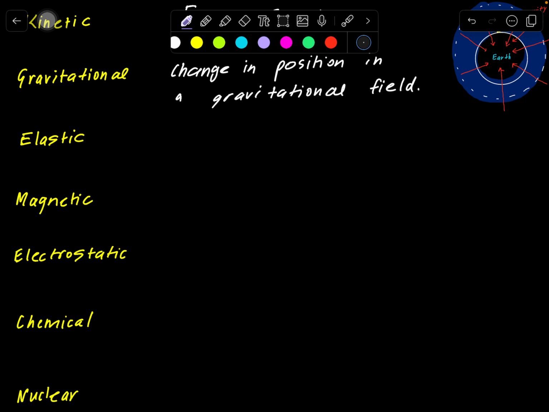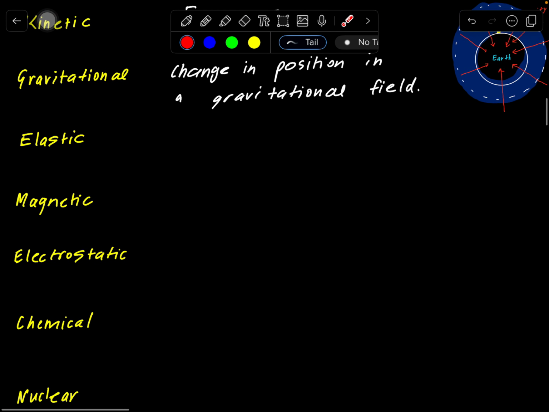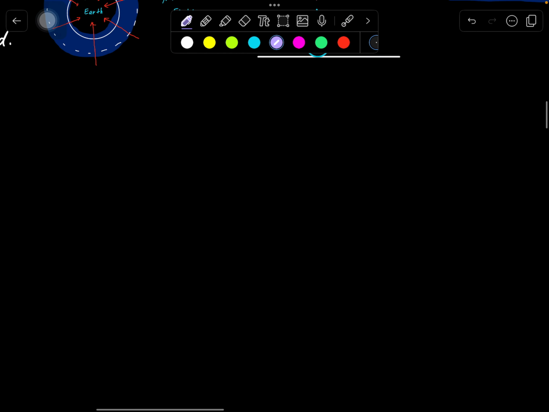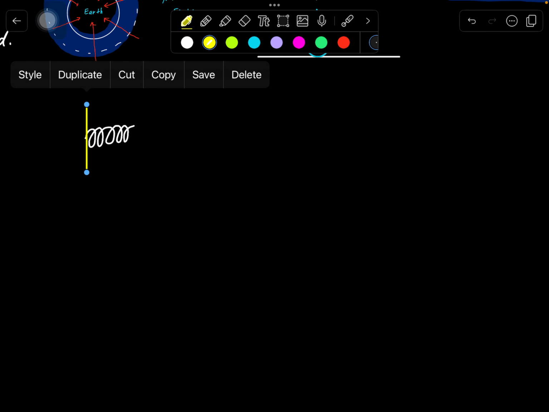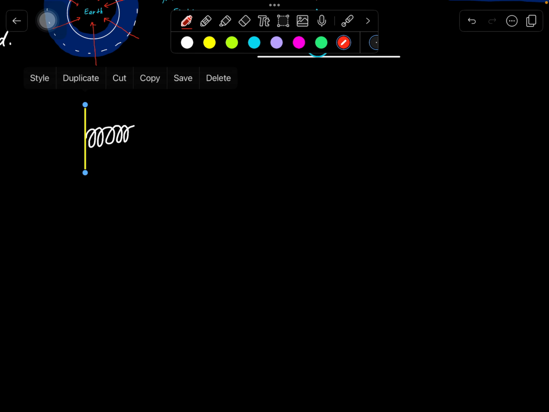Next, we have elastic potential energy. This energy is usually stored in elastic objects like springs and rubber bands. Now, if you have a spring, let's say this is the original length of the spring. If you stretch the spring, let's say that the spring is attached to a fixed position on one end, here.